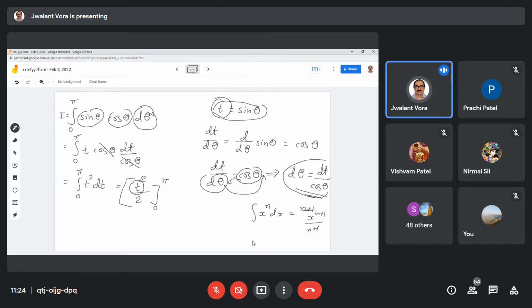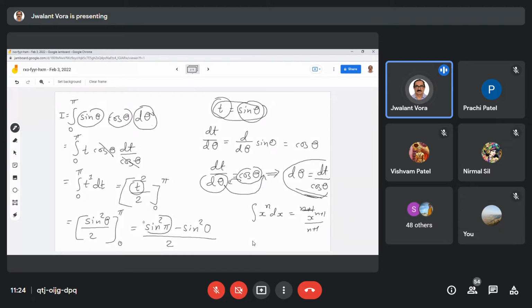Now t is equal to what? Sin theta. So sin square theta upon 2, limit 0 to pi. This is equal to sin square pi minus sin square 0 divided by 2.